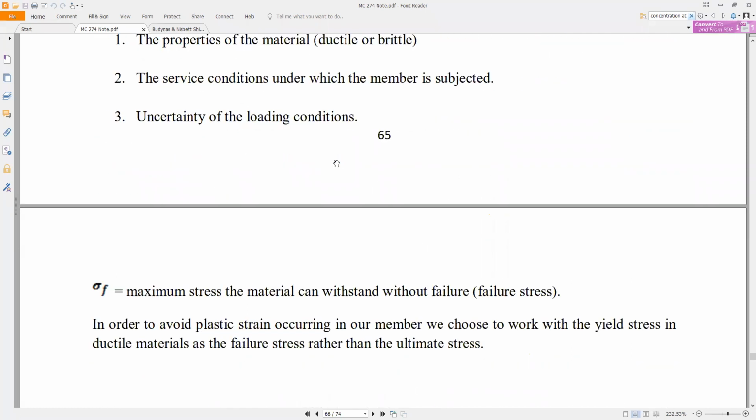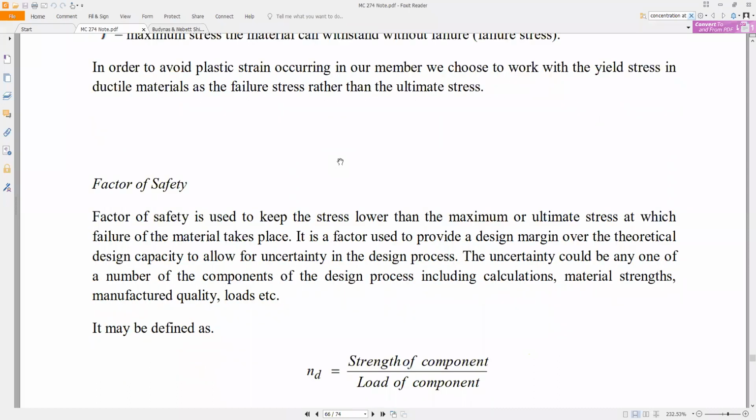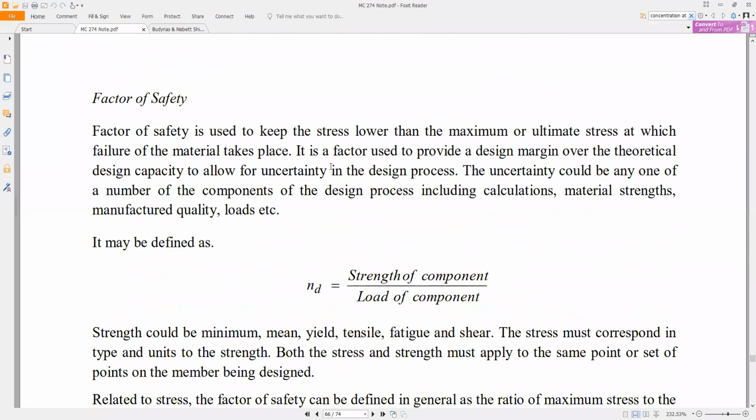So that's our cutoff point. I want to ensure that we operate below that yield stress in the material. We can say that the yield stress is now functioning as the failure stress in the material.